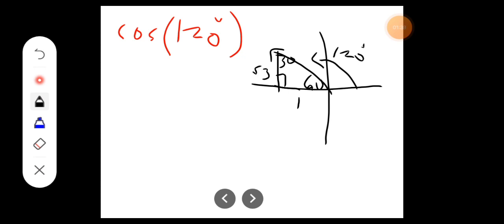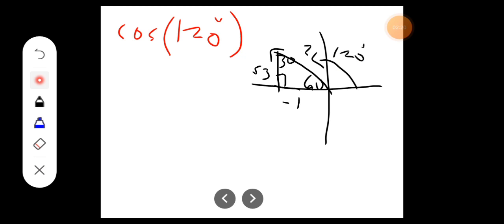Across the 90, the hypotenuse, is 2. Now in quadrant 2, x is negative, y is positive. So now we focus on the 60 degree angle which came from 120 degrees.